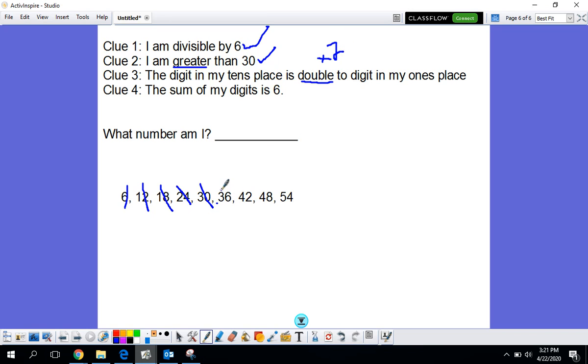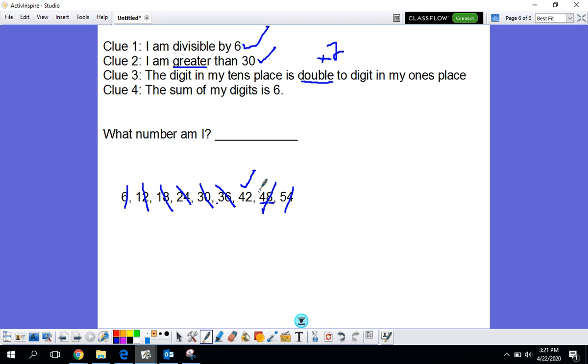So let's look. 3 is not twice 6, so that can't be it. 2 times 2 is 4. This one works. Oh, this one's tricky because 8 is twice 4, but it wants the tens place versus the ones place. 4 is not double 8. Okay, and then 5 is definitely not doubled by 4.